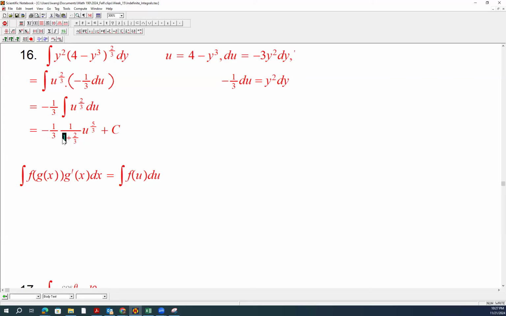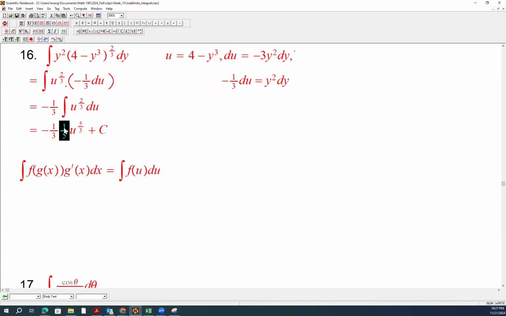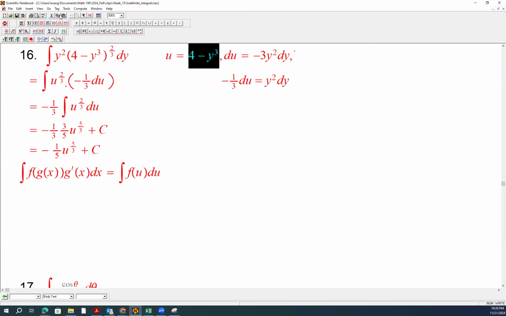This is 3/3 plus 2/3, that's 5/3. The 3 and 3 reduce. These details of calculation, I know you know how to do it. So this piece will turn into negative 1/5. Last, replacing u, and we're done.